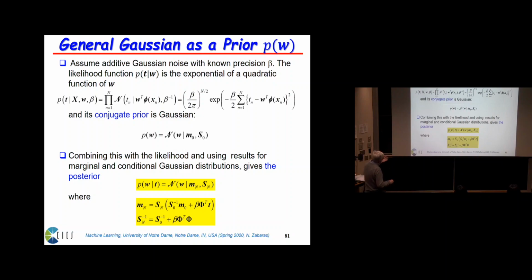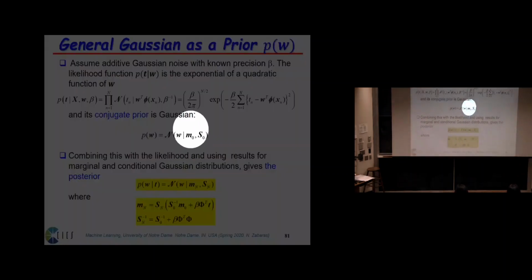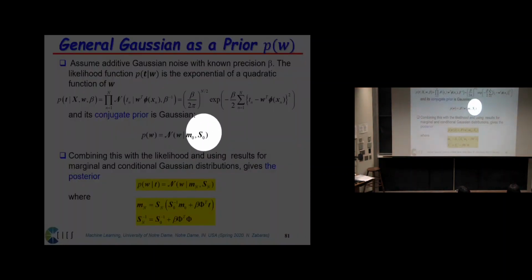A nice homework would be, and I don't need to assign you homework to do homework, to look at whether I can take a very general prior, and instead of taking a diagonal covariance, just take a very general covariance S0, and instead of taking a mean of zero, put an arbitrary mean there.